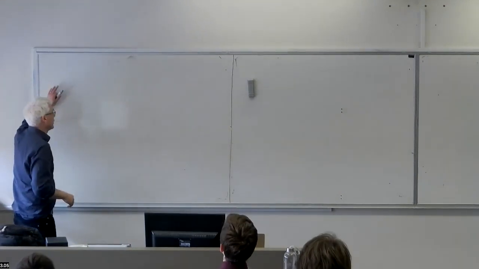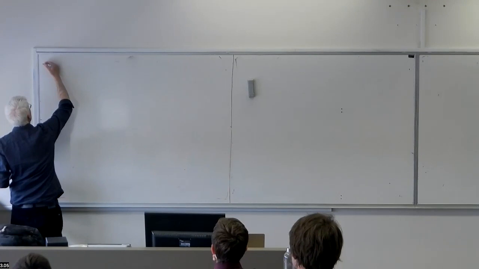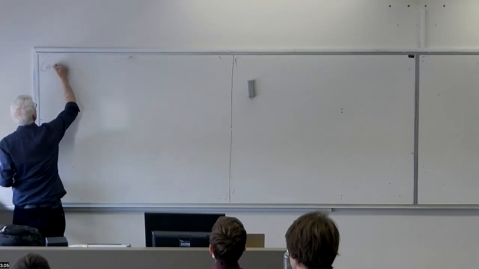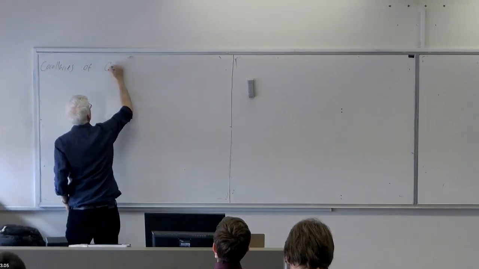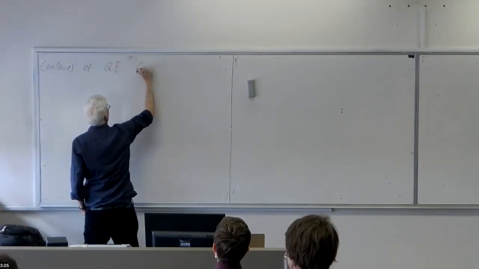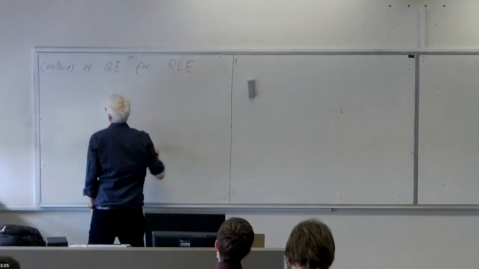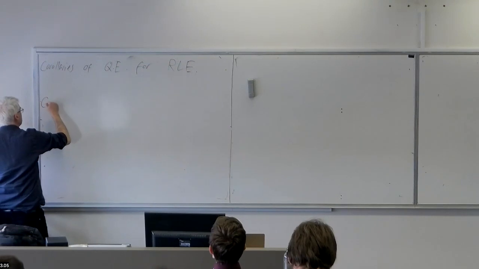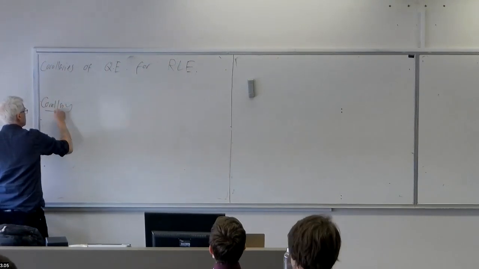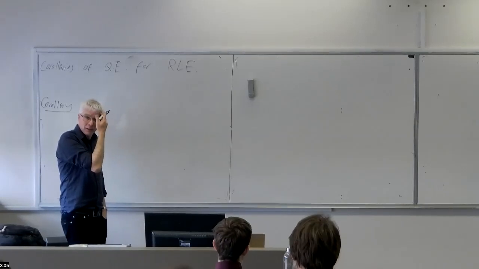But anyway, I'm going to look more on the logical side. Essentially, the remainder of the lecture is going to be corollaries of quantifier elimination for this theory of rational linear expressions. So the first one is more or less just a remark.